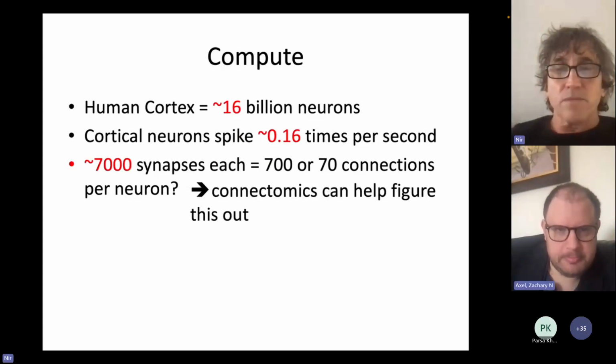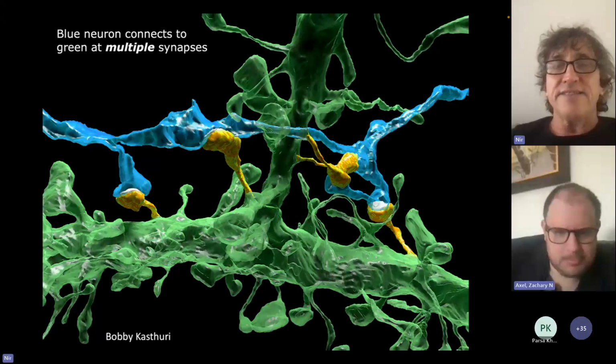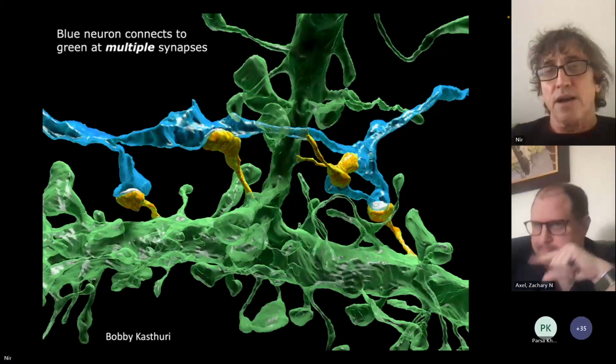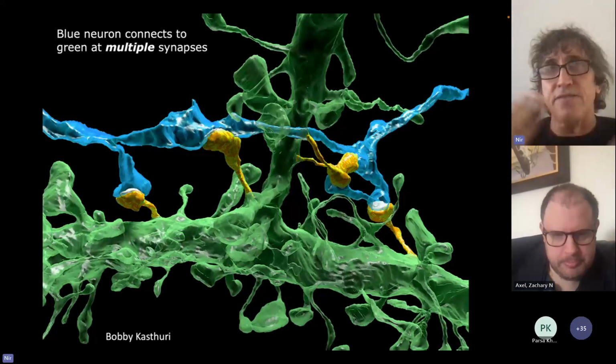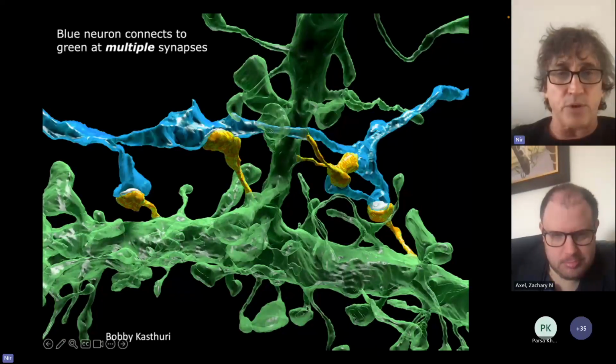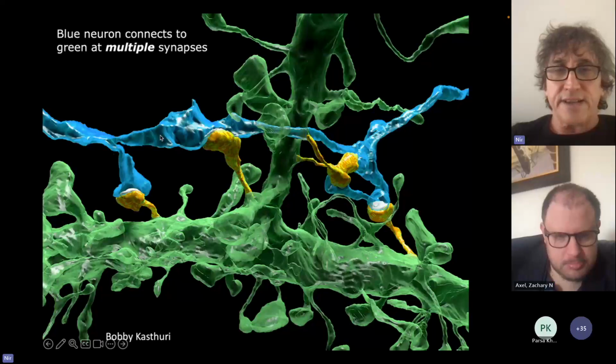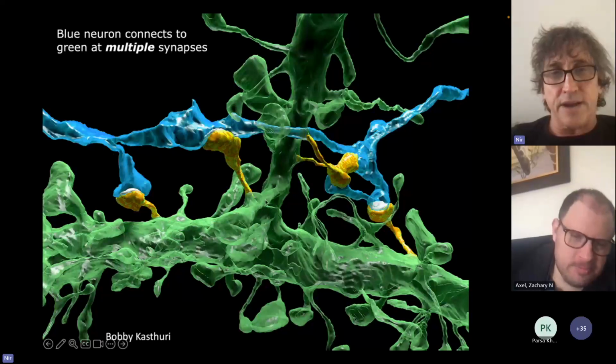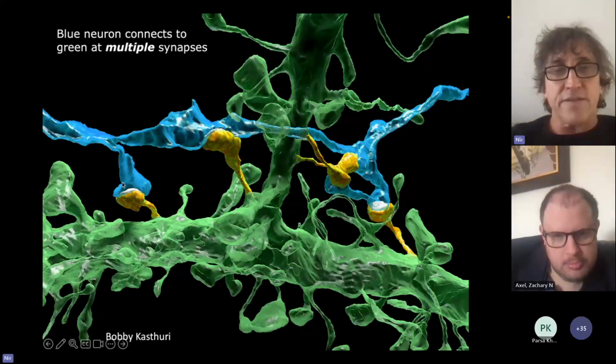But it's not like every two neurons are connected by just one synapse. Here you can see an example of an axon connecting to the dendrite of some other neuron, and you can see that there are 5 different places where this axon is connecting to the dendrite.